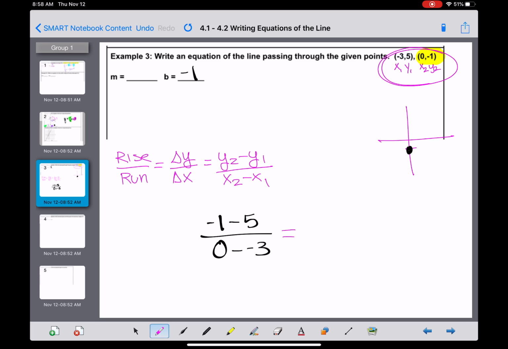So once I simplify, -1 minus 5 is -6. 0 subtract -3, those double negatives turn into a positive. I'm left with 3. -6 divided by 3 is -2. So my final line is y equals -2x minus 1.